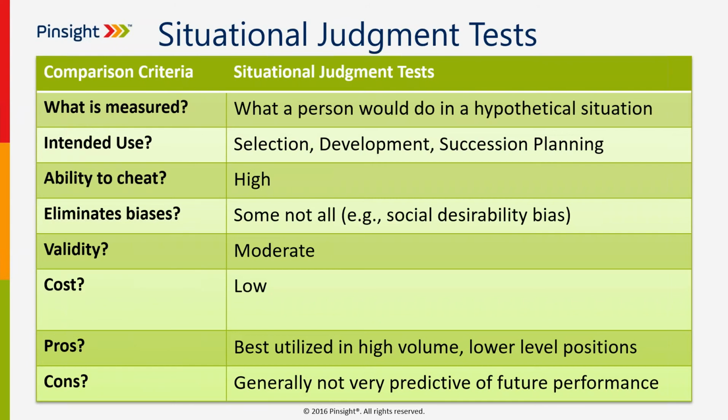If you've ever been asked to take one of these, I know when I've had to take these in the past, the situation that's presented to me, well, I wouldn't do A, B, C, or D. I'd probably do a combination of A and B, and then maybe something else that's not provided in those options. That's one of the fallacies, or problems, with multiple choice assessments in general.